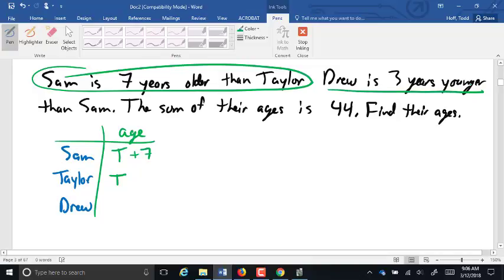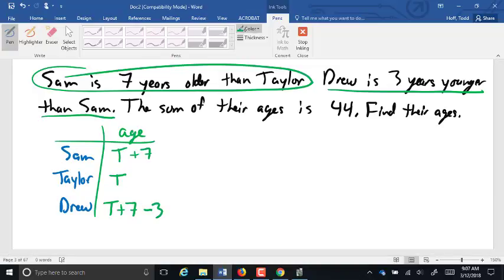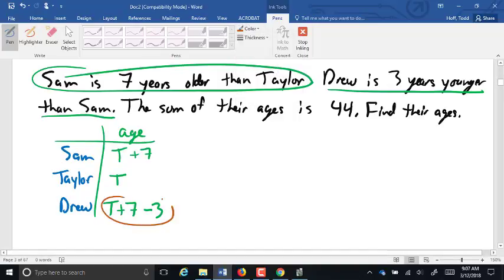Drew is 3 years younger than Sam. Not 3 years younger than Taylor, but 3 years younger than Sam. Well, Sam is T plus 7. Drew is 3 years younger than that, so we subtract 3. So T plus 7 minus 3 can be reduced to T plus 4.